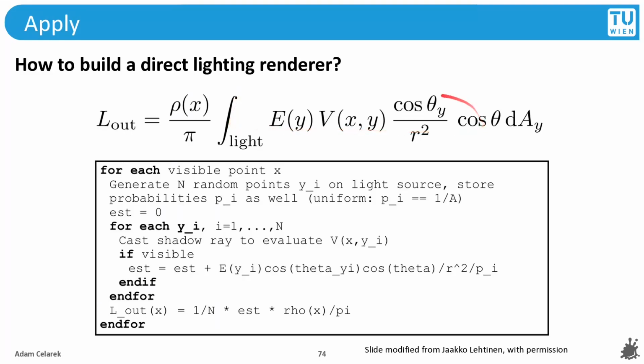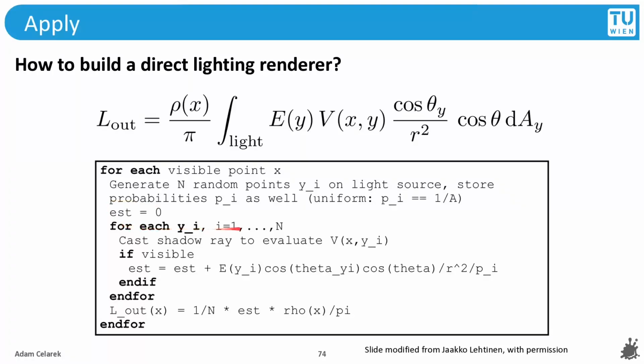And the integral we want to estimate with something which is called Monte Carlo. For each visible point, that is, every point that is visible by the camera, we first make a raycast from the camera into the scene, and then we have the visible points. We generate n random points on the light source, store the probability, which depends on the surface area of the light source. We start with 0.